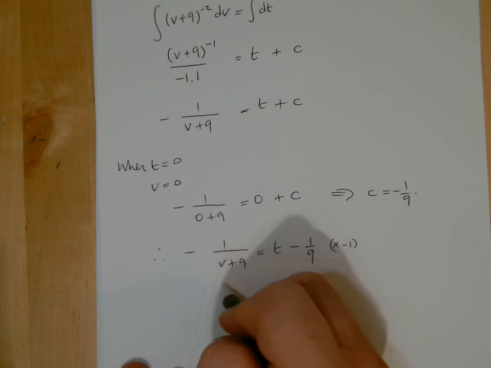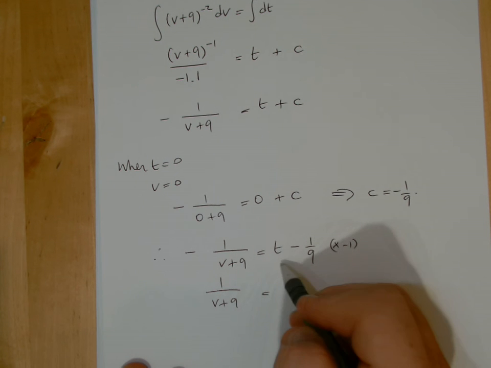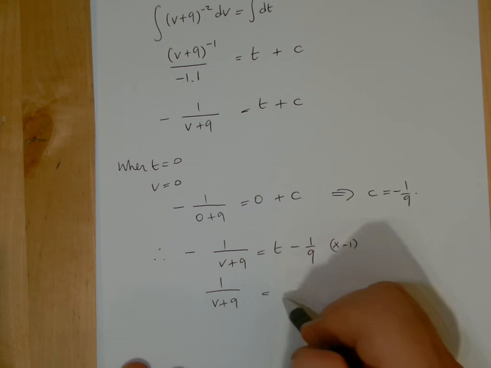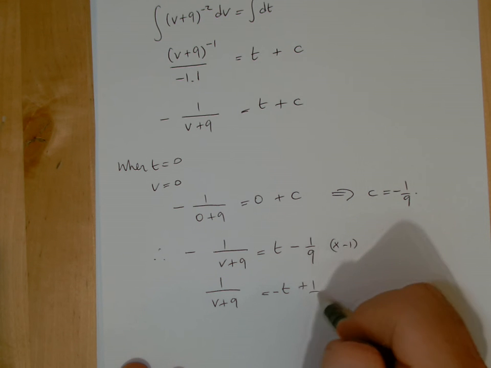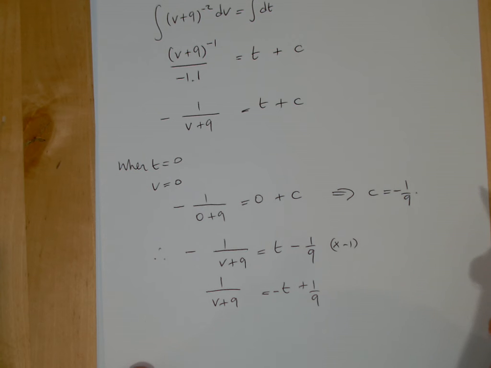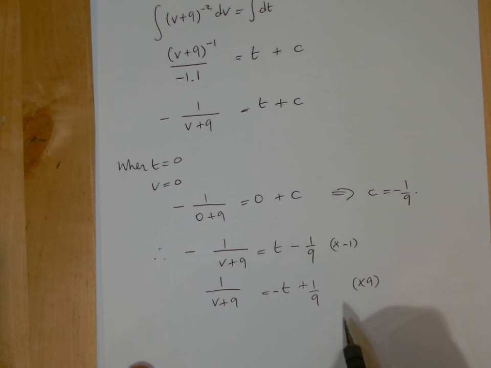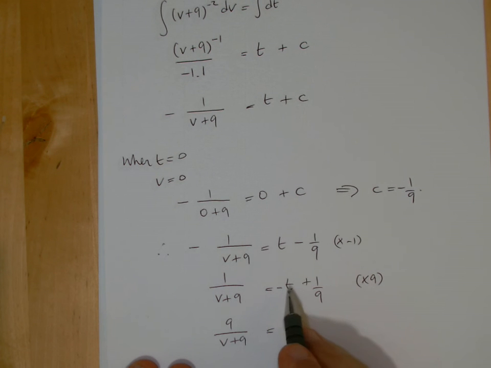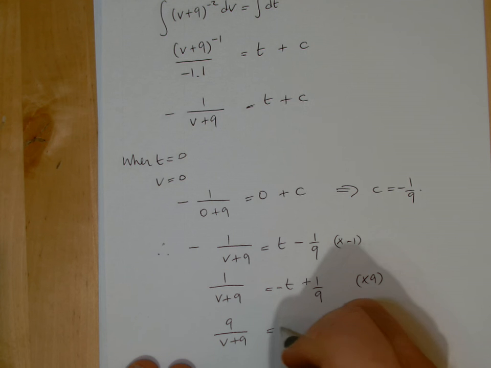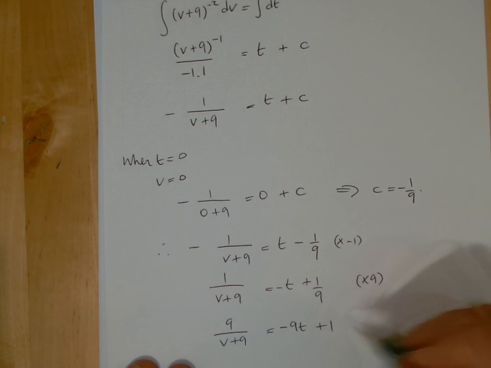So I'll make that positive, so that'll be 1 over (v plus 9). This will become negative, minus t. That will become positive, plus 1/9. The other thing we could do then is times through by 9. If I times this by 9, it just becomes 9 over (v plus 9). This becomes minus 9t. And if I times that by 9, it just becomes 1.